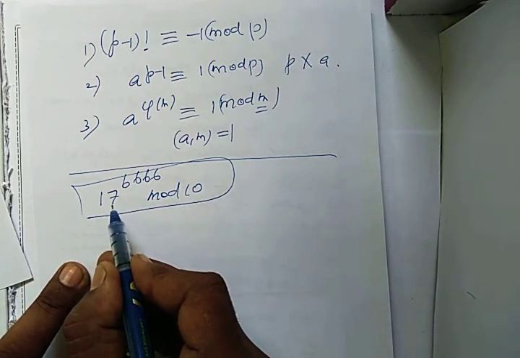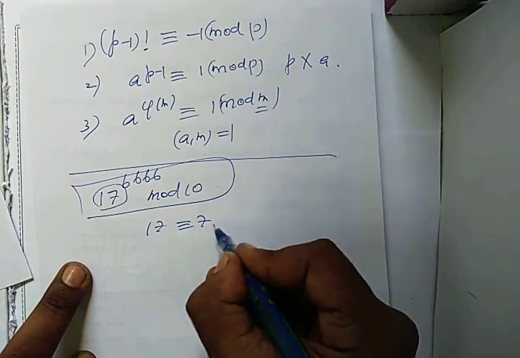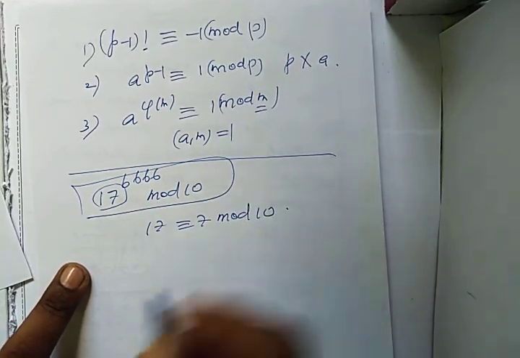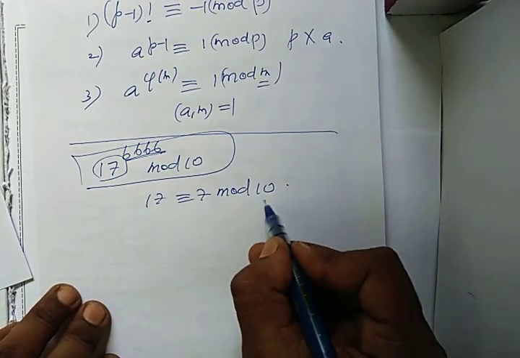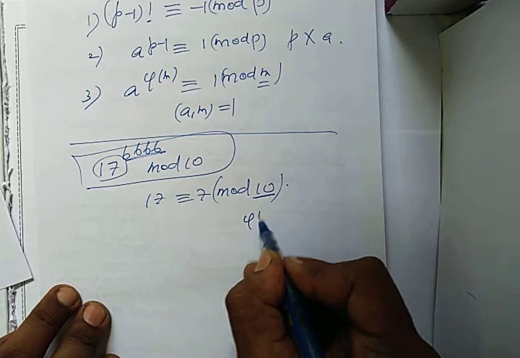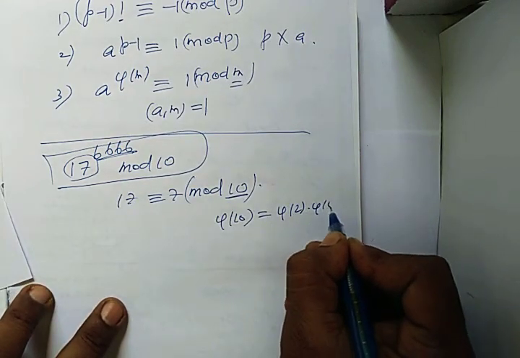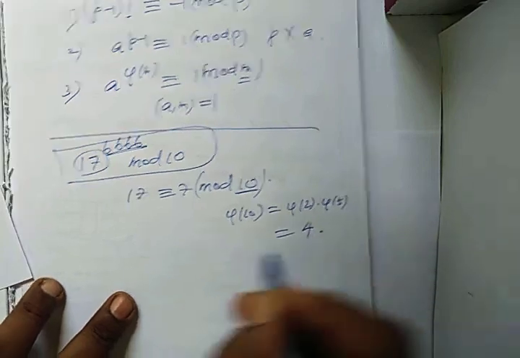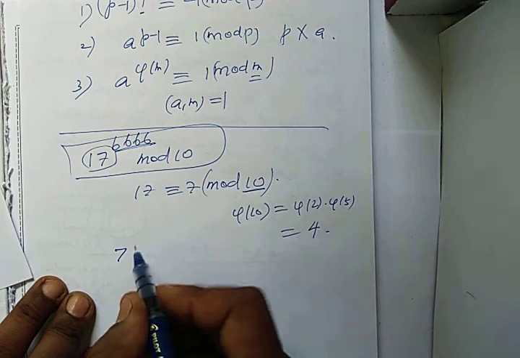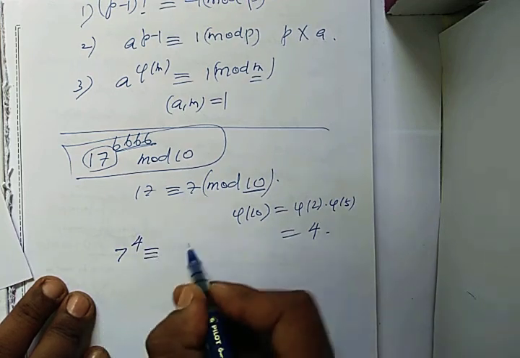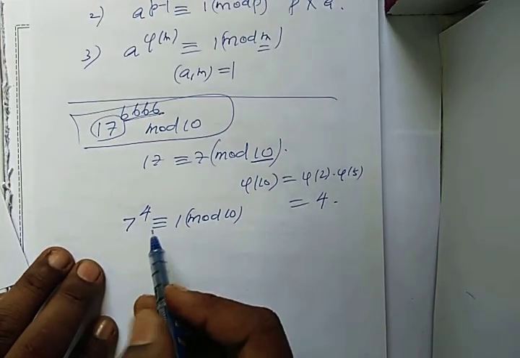First we have to reduce the base 17. 17 is congruent to 7 mod 10, and we need this one, right? But it is mod 10. What is phi of 10? Phi of 2 into 5, phi of 2 into phi of 5. So this is 4. By Euler's theorem, 7 and 10 are relatively prime. So we get, by Euler's theorem, 7 power 4 is congruent to 1 mod 10, right?